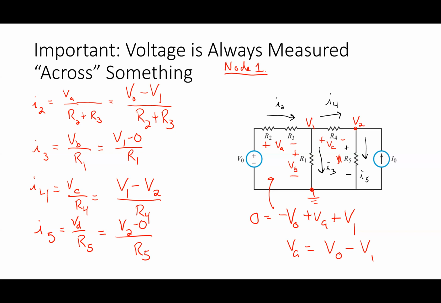I define those currents just in terms of Ohm's law, then put them in terms of the node voltages. Then I do my KCLs and put it all together. So node 1, what's my KCL equation here? In terms of the currents that I've defined in that picture, what's my KCL?